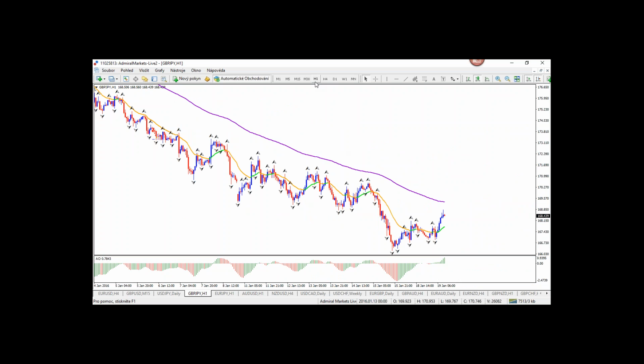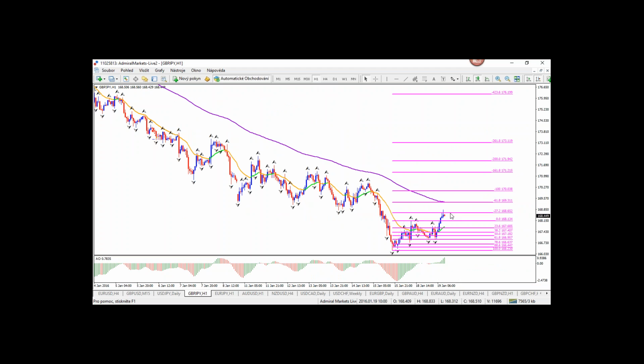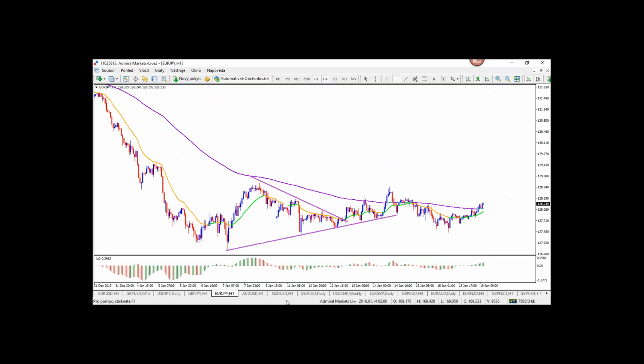And that could be a zigzag as well, like the Aussie, right up to these two targets, minus 272, minus 61.8. Could be interesting to find potential shorts there as it goes back into resistance within this downtrend. The euro yen does not look interesting because that's just a flat piece of price action.